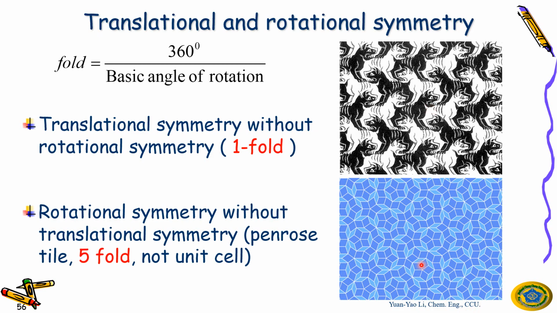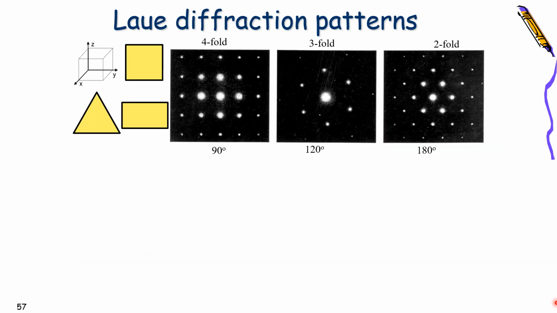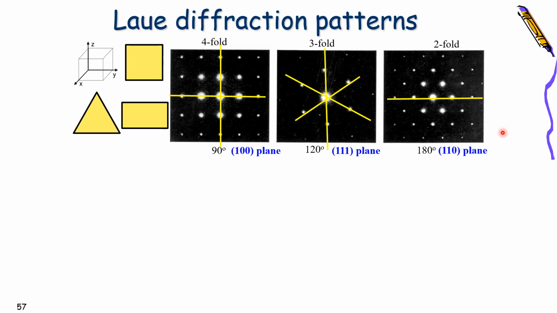For this one, this is 5-fold symmetry. So for Laue diffraction patterns, as I told you, 4-fold is 90 degrees, 3-fold 120, 2-fold 180. So this is 4-fold, 3-fold, 2-fold. This is the 100 plane, this is the 111 plane, and this is the 110 plane.